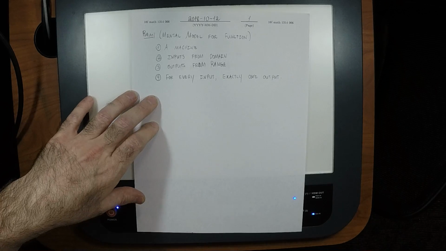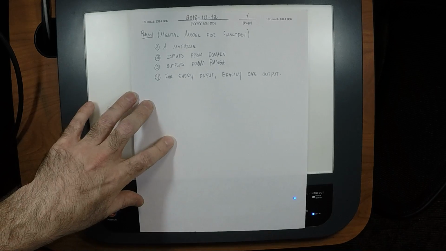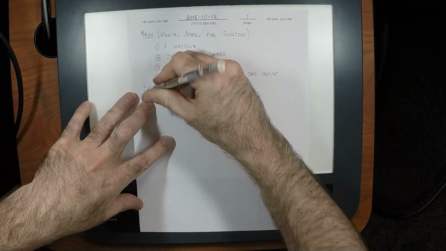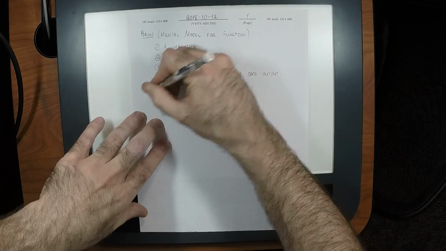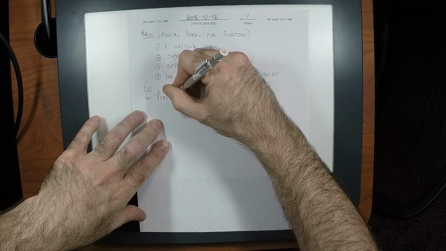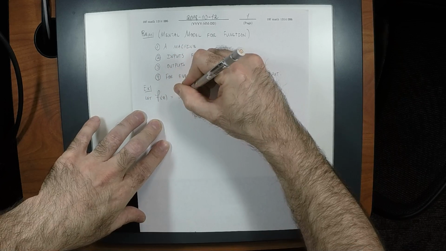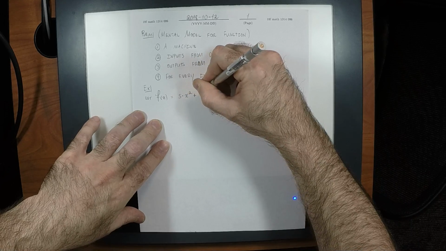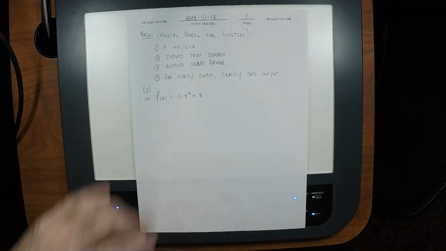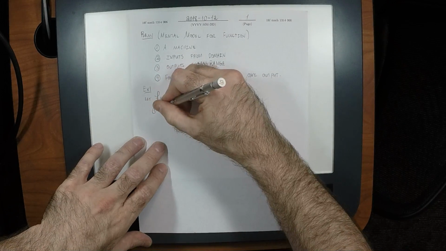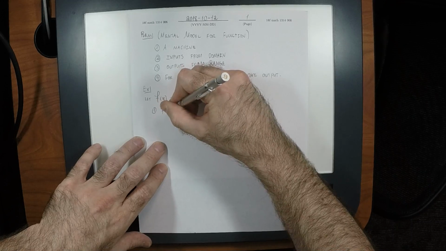All right, so an example would be something like, I could say, let f of x be the function 5x squared plus 8. So there's a nice function. In the first place, I could say, well, would you please evaluate f at 4?